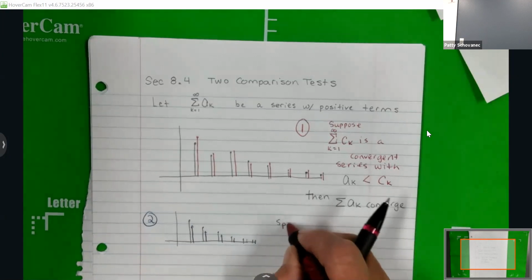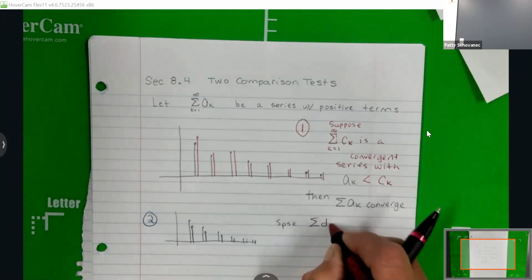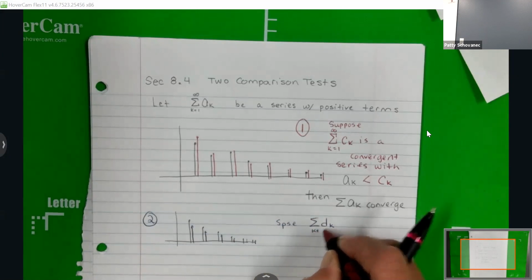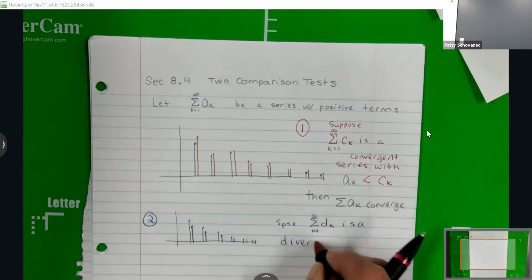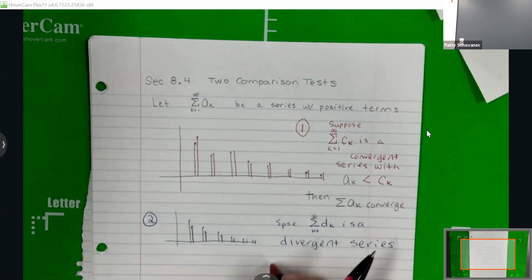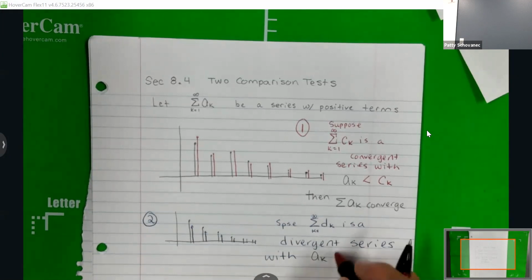So suppose that d_k forms a divergent series with all of the a_k's taller than the d_k's. So if all those blue sticks add up to an infinite number, then certainly the a_k's, which are represented by taller sticks, will add up to an infinite number.